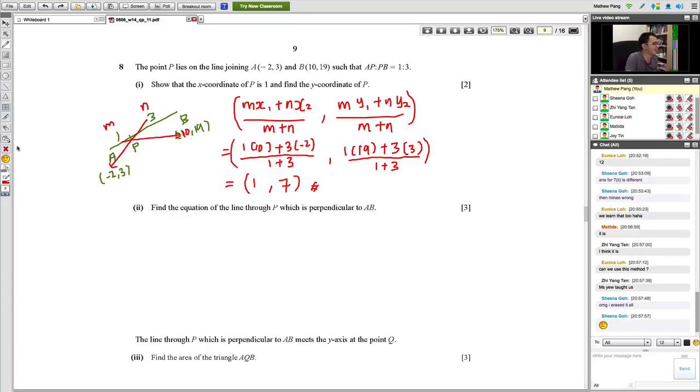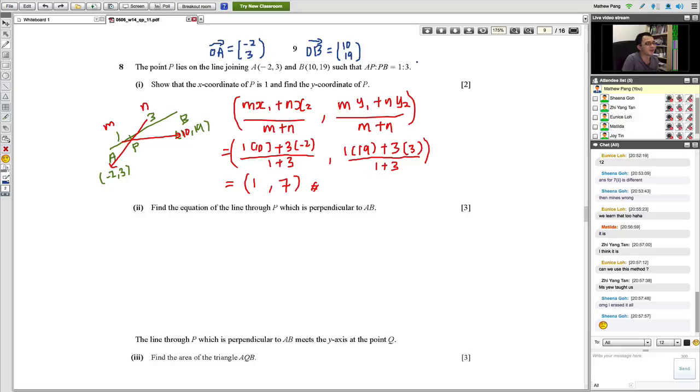I find that one is quite interesting because I never thought about using vector to do a question like this. What Sheena did last time is assume that this coordinate is from the origin. So basically you can do something like OA equals -2 and 3, and OB equals 10 and 19.